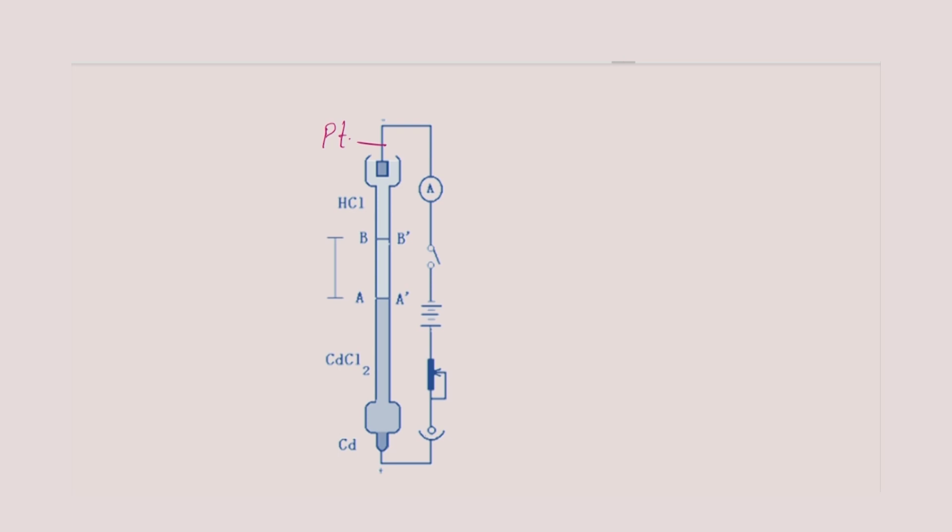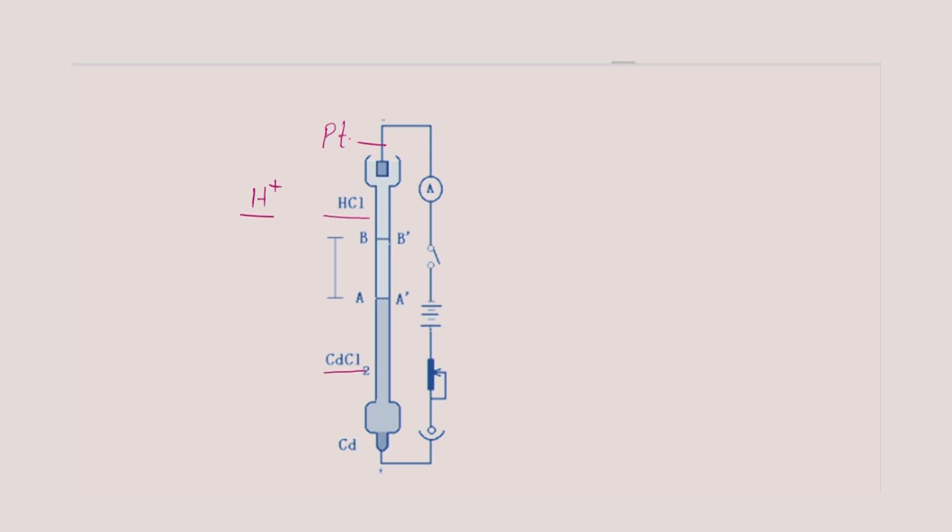Here we take two electrolytes. One is HCl, whose ionic transference number of H plus ions is to be determined, and you have another electrolyte known as cadmium chloride.